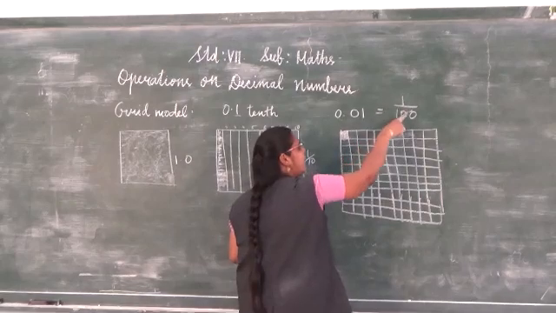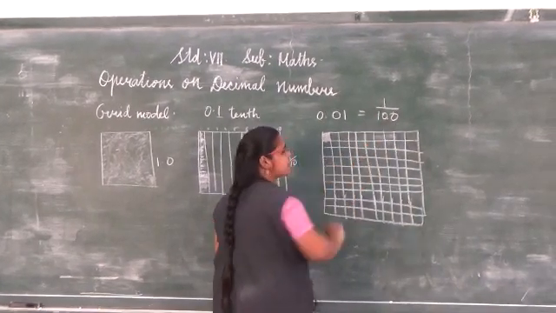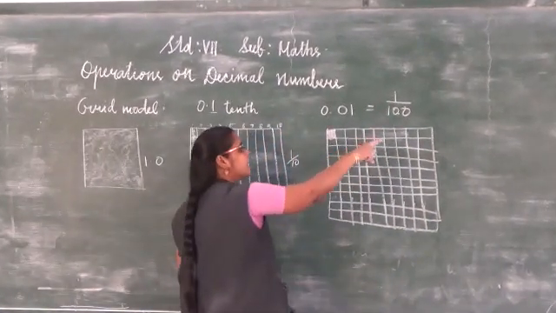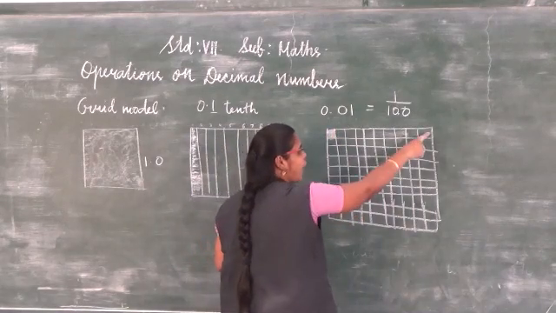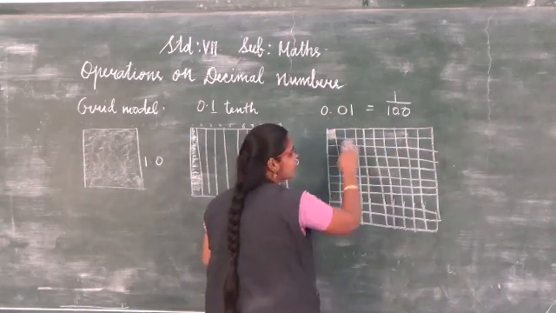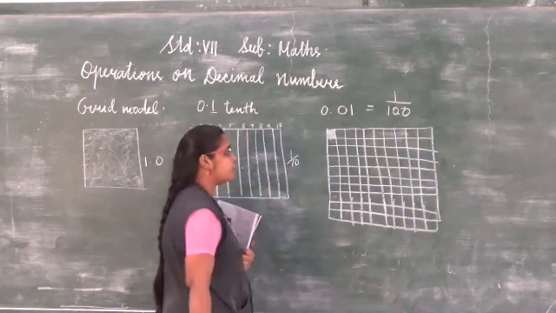So for 1 by 100, 100 boxes must be there. In these 100 boxes, we draw 10 columns and 10 rows.